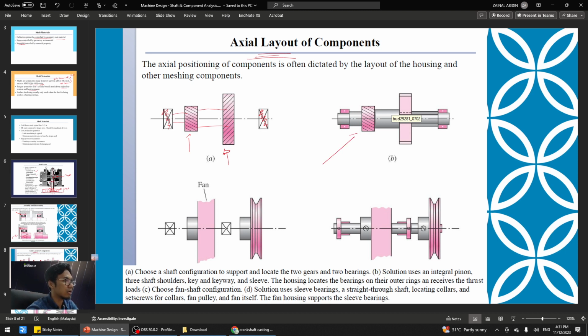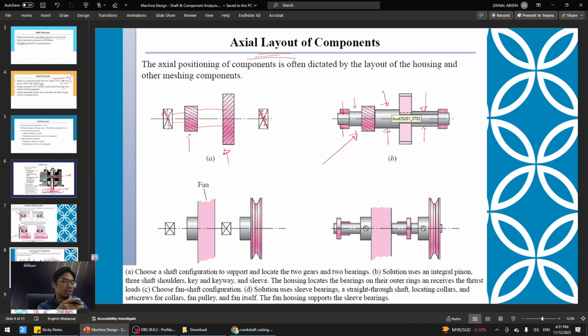For example, here lah, kan? This is the most bigger size for your shaft. Ni small sikit, ni small, begitu small lah. Sama juga dengan dimension on this side. Must have a shoulder to your shaft, so that you punya gear pun, you punya pulley ataupun you punya fan can stay at that position.